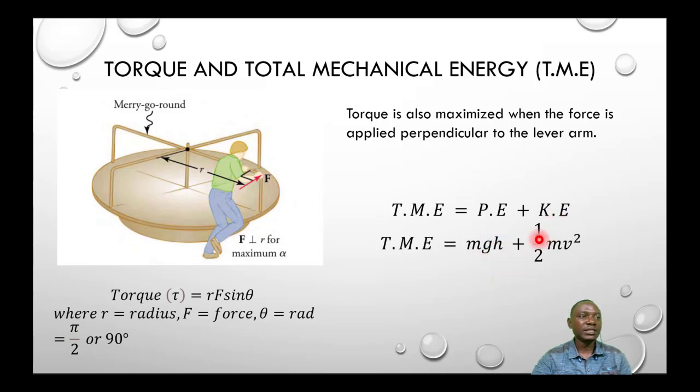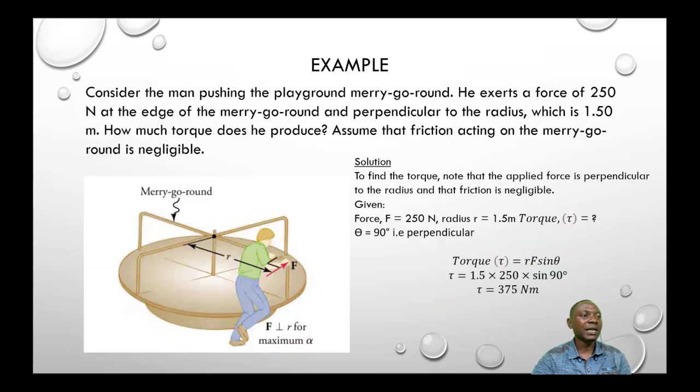Kinetic energy is one half multiplied by the mass of the body multiplied by the square of its velocity. The summation of these two energies gives the total mechanical energy in a body. So this is an example to discuss the concept of torque very well.